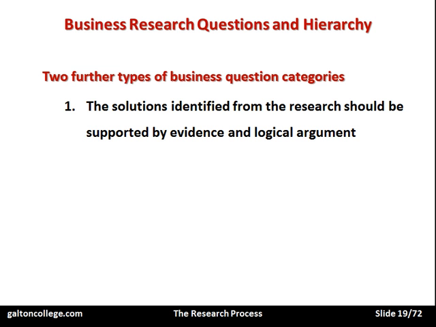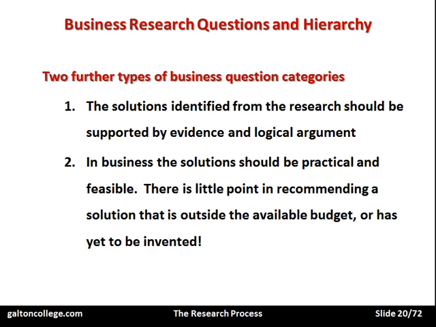Sometimes the questions may be a little confusing, so it's important to have a category where the solutions are identified from the research and supported by evidence and logical argument set out clearly. So it's a category of question which is amenable to logical solution, logical argument, logical points, and there is clear evidence as to the nature of the solution.